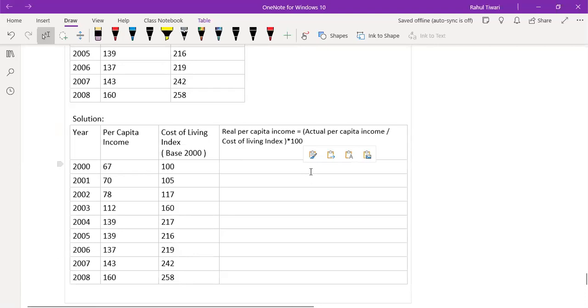So you have an actual income which is 67, cost of living index number which is 100, multiply with 100. So you will get the answer for this, which is I think 67 only, right? Because 67 upon 100 multiplied by 100 will give the same answer. Similarly 70 upon 105 multiplied by 100 and so on. You'll get the per capita income. I think that is very simple.